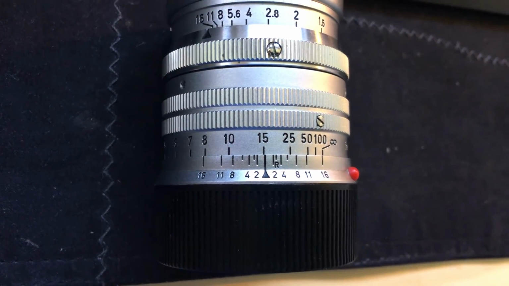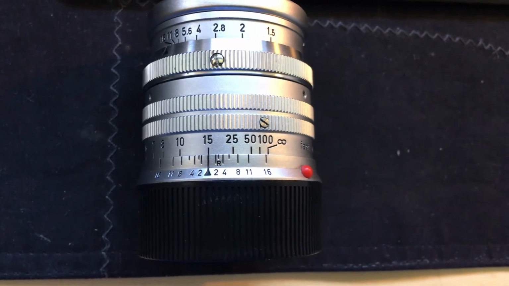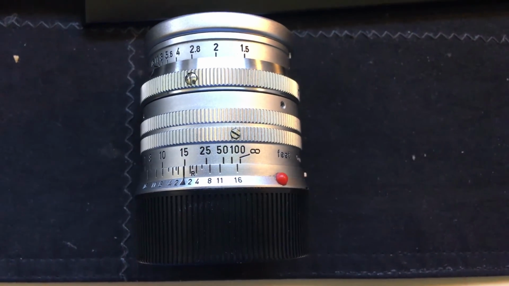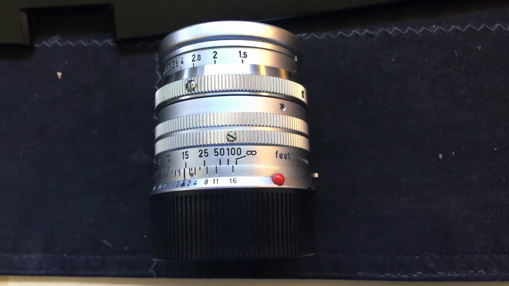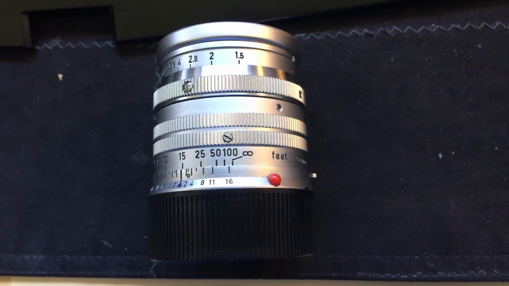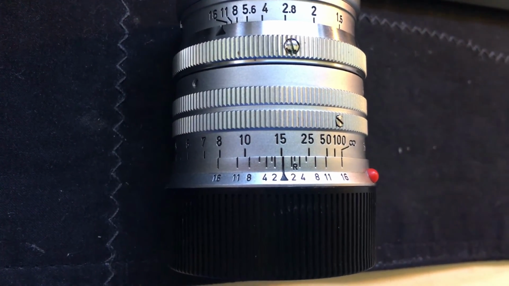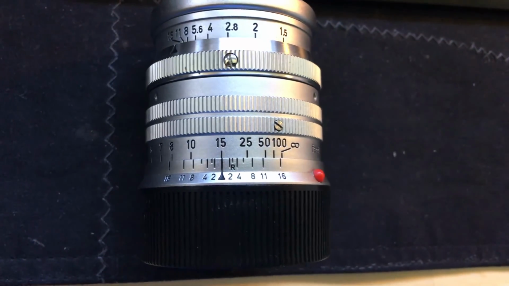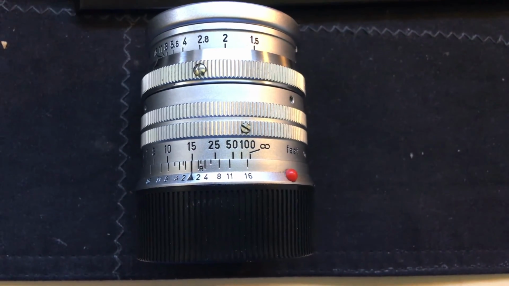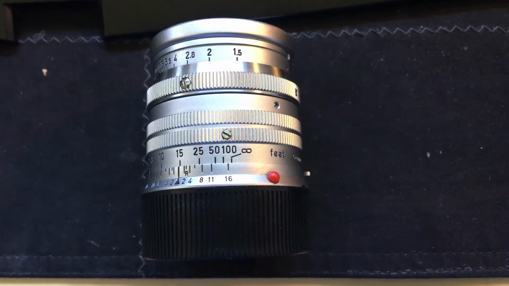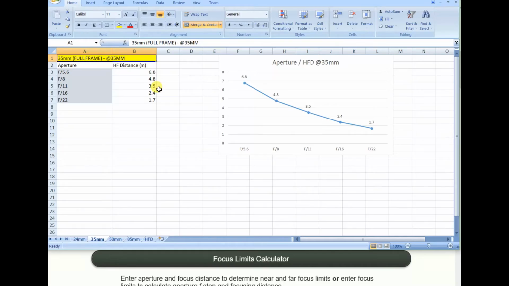So if you have a look at the f16 and you focus near, you place that on infinity, then everything on this particular lens from around 8 feet to infinity will be clear. If I'm focusing at about 15 or 16 feet, according to that scale there.